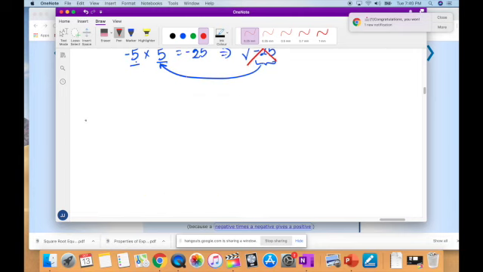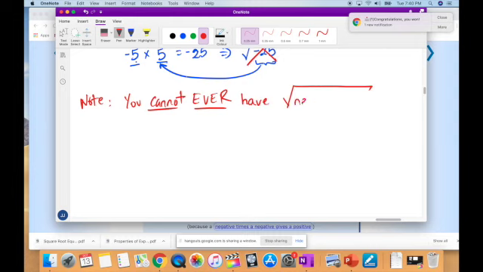So note, you cannot ever have the square root of a negative number. Never.